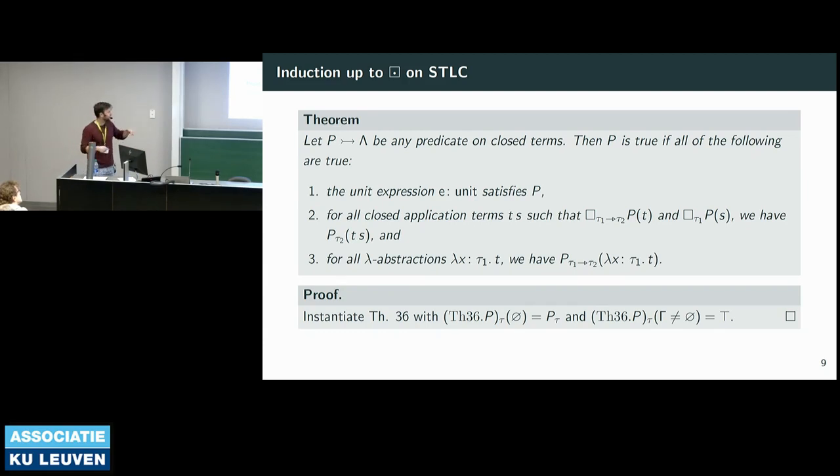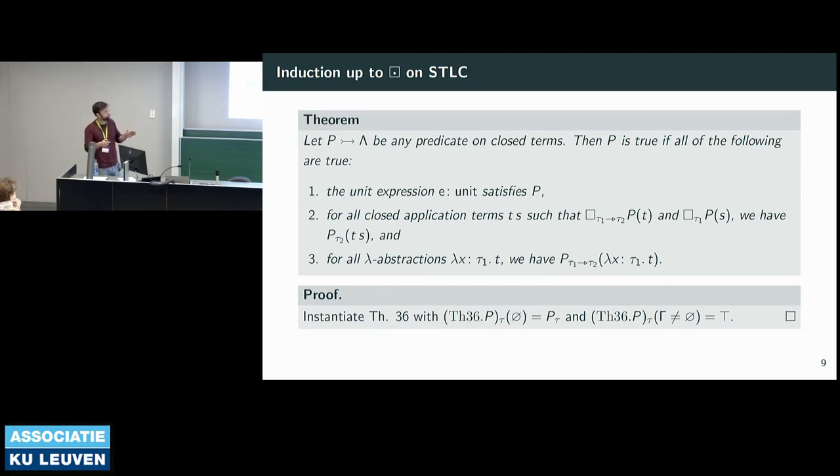I will now instantiate our abstract theorem, to prove to you that under higher-order abstract GSOs it's efficient to reason about square P. So let P be any predicate on closed terms. Then I'm saying that square P holds if all of the following are true.